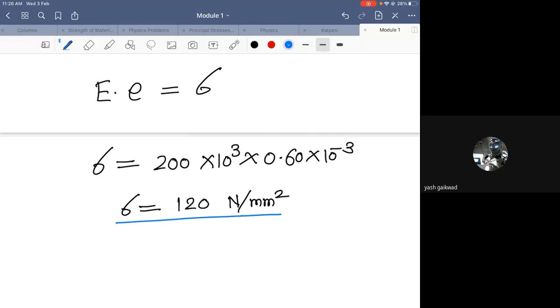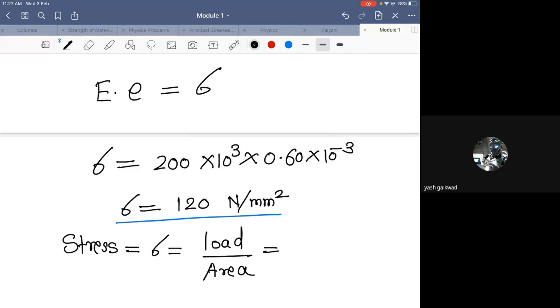Stress I have calculated. Now, I am interested in load P. Now, let us once again use the formula of stress. What do you mean by stress? Stress is sigma, and that is nothing but load divided by area of cross section of that member. Sigma is equal to P by A. Here I have calculated sigma earlier, which is 120 Newton per mm square.